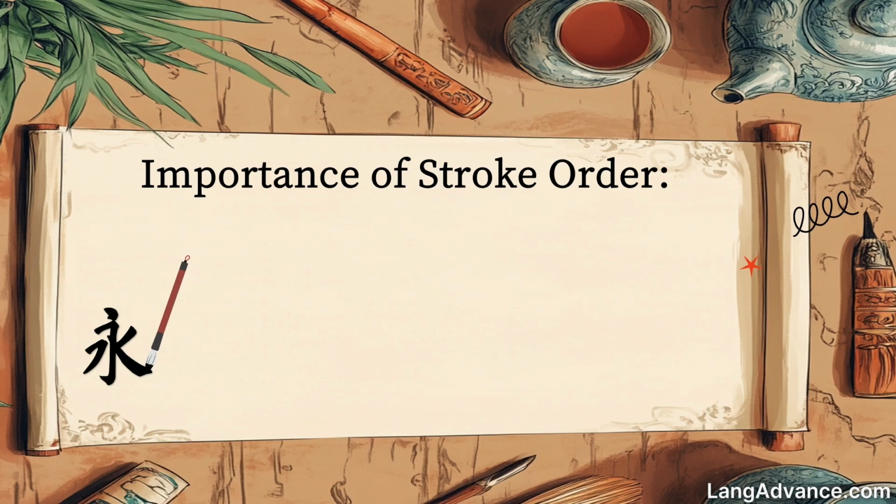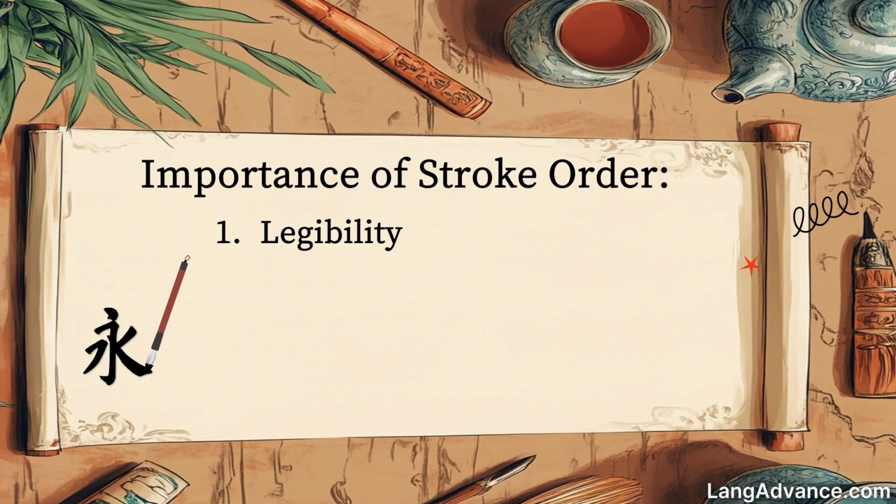Let's talk about the importance of stroke order. You may say, Jocelyn, I can write whatever I want to. Why must I use the stroke order? Well, understanding and following stroke order is more than just a matter of tradition. It's essential for several reasons. Number one, legibility. Proper stroke order ensures that your characters are clear and recognizable, even to native speakers.